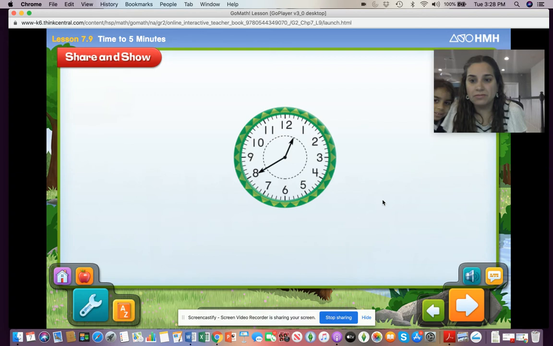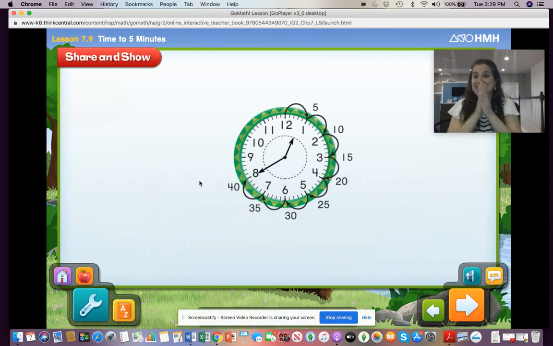How many minutes have passed when the minute hand points to the 8? If the minute hand is on 8, then I have to start by 5s on 1. 5, 10, 15, 20, 25, 30, 35, 40. 40 minutes have passed when the minute hand is on 8. Let's check. 40 minutes have passed. High five! The time is 12:40.